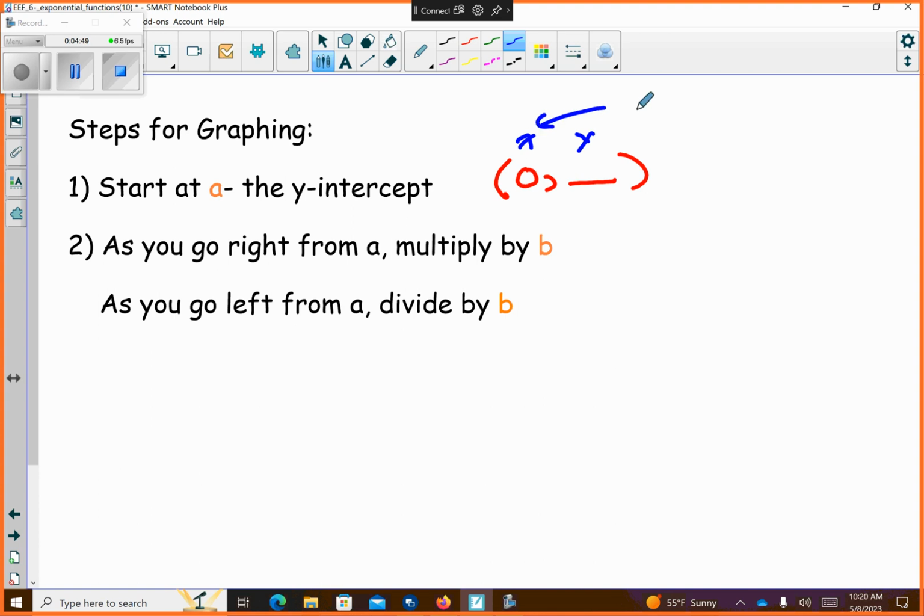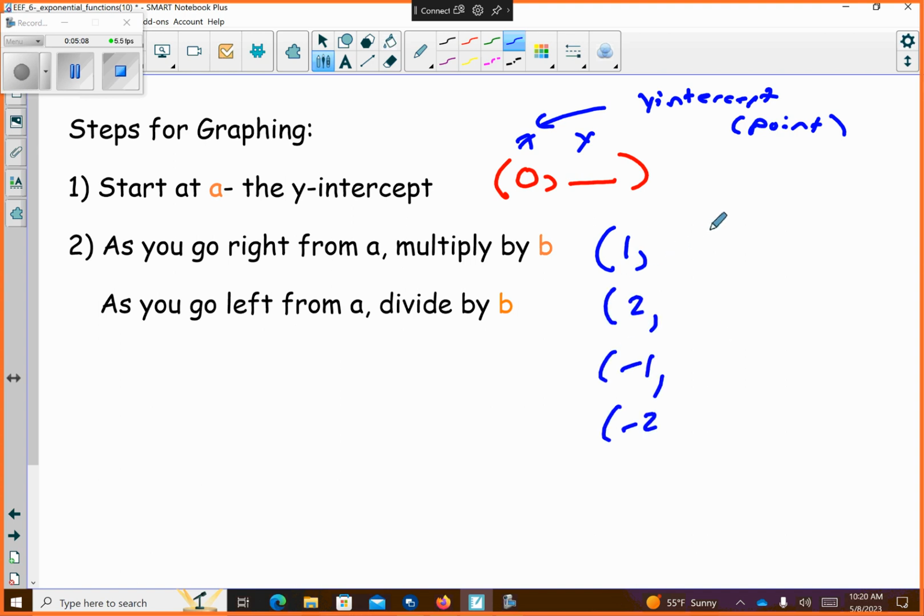If you plug 0 in, this will find where it crosses the y-intercept. Okay, that counts as a point. And then we're really going to make it simple, because we're either going to plug 1 in, or 2 in, or -1 in, or -2 in. That's all we have to do in order to graph the exponential function. It's pretty simple.